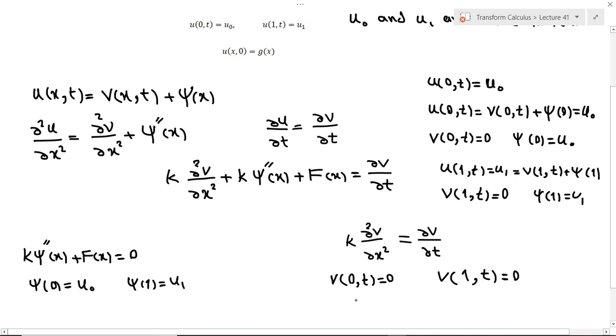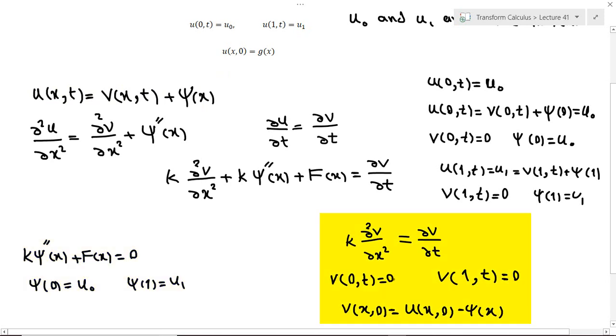And for the last, the initial condition, we have to find v of x and 0. v of x and 0 is equal to u of x and 0 minus psi x. So you can see we could end up with one ordinary differential equation with two boundary conditions and a homogeneous boundary value problem, and we know the solution of this homogeneous boundary value problem.